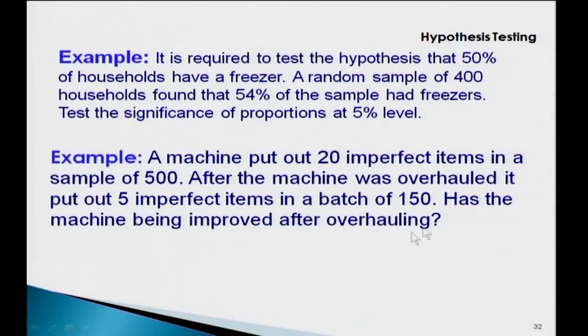Can we say that sample 2 data is significantly lesser than sample 1, because we are expecting the machine's performance to be improved, whether this is significantly less or not, right. So, in this way this can be tested.